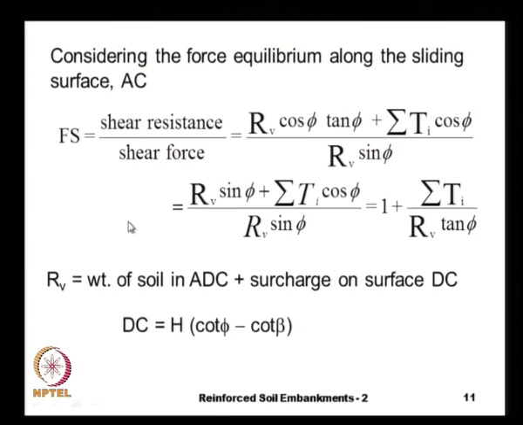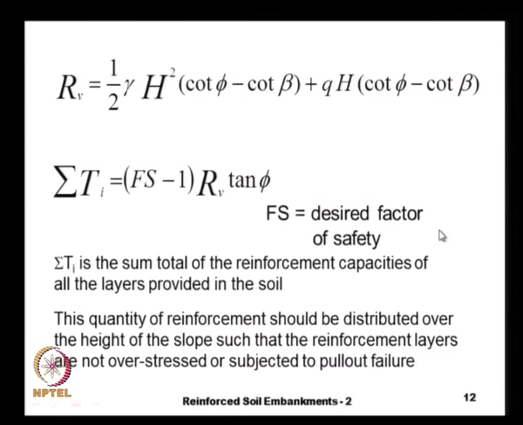And so, our factor of safety equation Fs is 1 plus sigma Ti by Rv tan phi, and by rearranging that equation we can get our sigma Ti in terms of the factor of safety and the other factors as Fs minus 1 Rv times tan phi, wherein our Fs is the desired factor of safety and this one is the factor of safety for soil to soil slope failure.